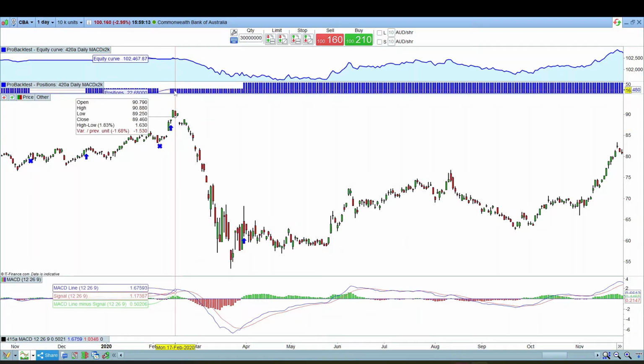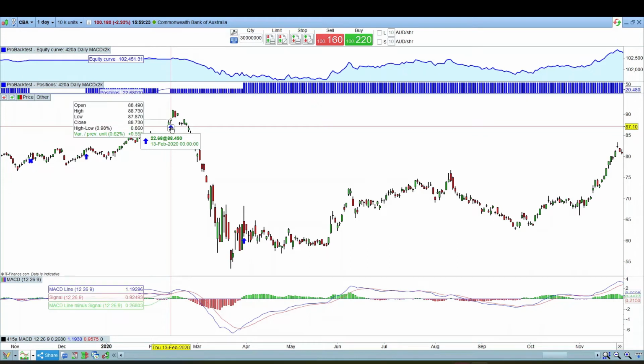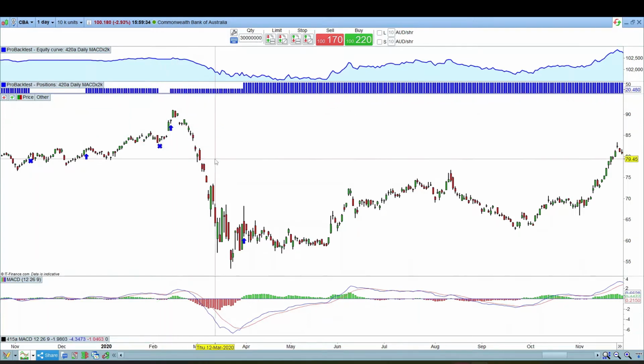We enter 22 positions. Again, we're buying $2,000 worth of CBA. We bought 22 shares at $88.49 per share. That's about $2,000 worth. That's our first level.